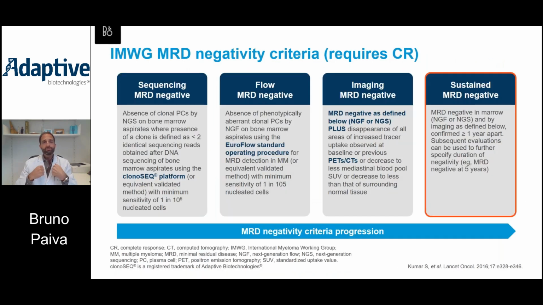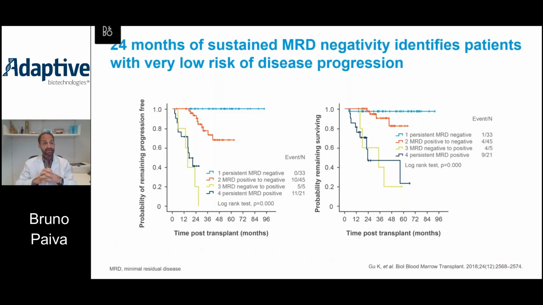This is in fact, in my opinion, the most important criterion from the 2016 IMWG response guidelines, sustained MRD negativity. This is data outside of clinical trials from routine practice showing that patients with sustained MRD negativity for a period of 2 years, the blue curve, have very promising progression-free and overall survival.